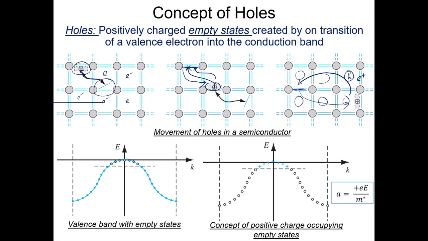But when it comes to holes, these are electrons which are moving from these occupied states to a free state, which can also be seen as a hole or a positive charge moving from free state to an occupied state. And this positive charge motion, or the opposite electron motion through these available states, is called the movement of holes, and these positive charges which are moving from one free state to the other unoccupied state are called holes.